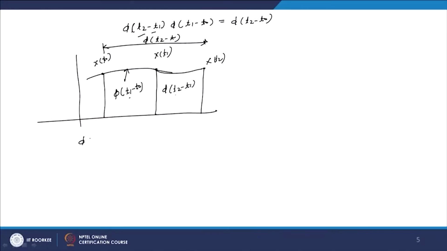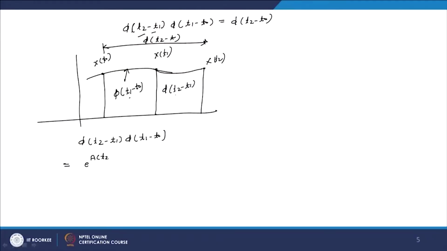How will you prove this? Here we have phi of t2 minus t1 times phi of t1 minus t0. Now we have to solve this. This is also a state transition matrix, so it is represented by e raised to a into t2 minus t1, and phi of t1 minus t0 is written as e raised to a into t1 minus t0.